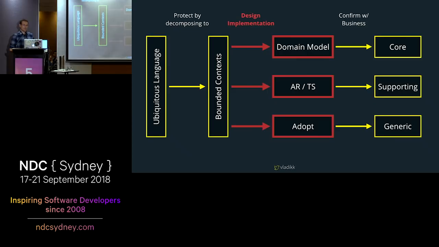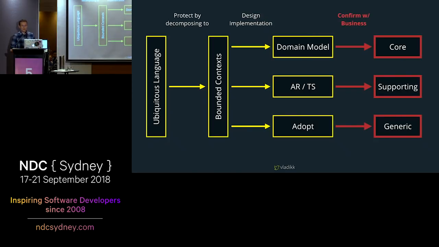By analyzing the use cases, we identify the business domains in each bounded context and design the implementation of each domain by following the heuristic that I've shown you earlier. From this design, we deduce the types of business domains at play and verify them with the business.